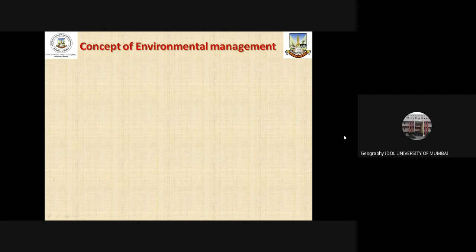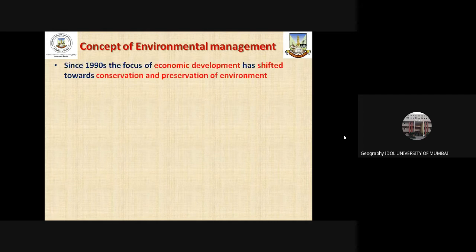It is needless to say that the economic progress of human beings over a period of time, particularly after the Industrial Revolution, has resulted in loss of environmental quality and also deterioration of natural resources at a faster rate.